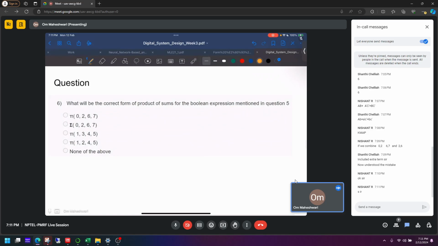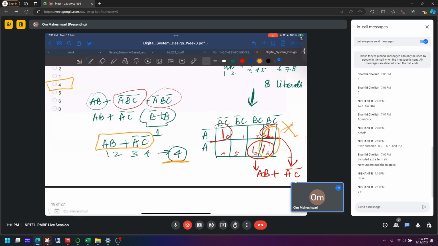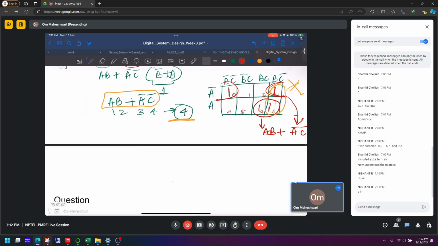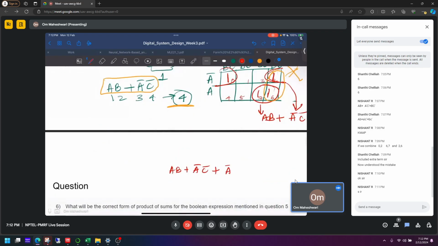Okay, so next question is, what will be the correct form of product of sums for the Boolean expression mentioned in question 5? So in question 5 we had this: AB plus A bar C bar plus A bar B C bar.